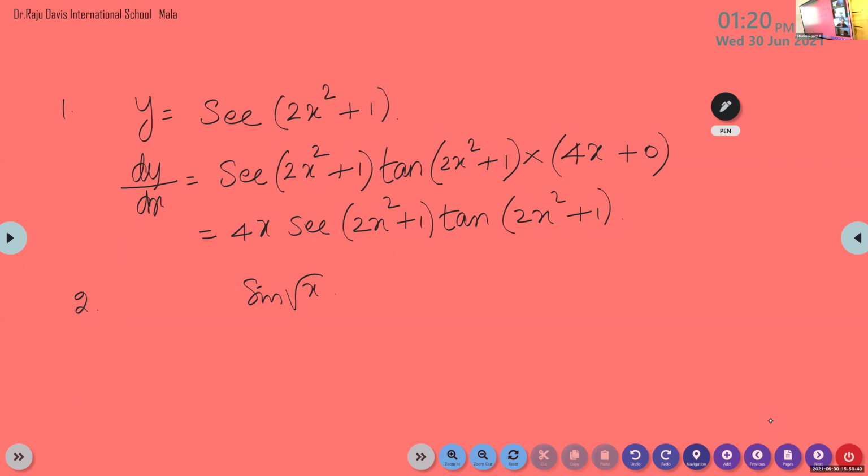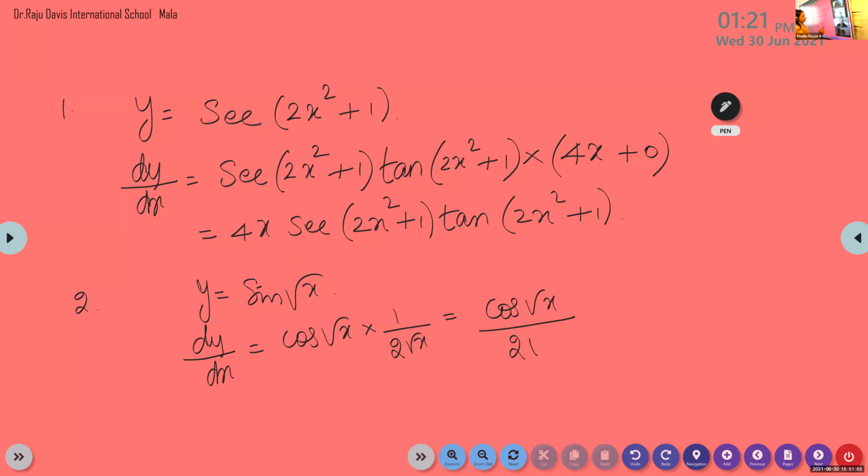Nandana, what is the derivative of sine x? Cos x. So what is the derivative of sine of root x? Cos of root x into 1 by 2 root x. Derivative of root x is 1 by 2 root x. So we get cos of root x by 2 root x.